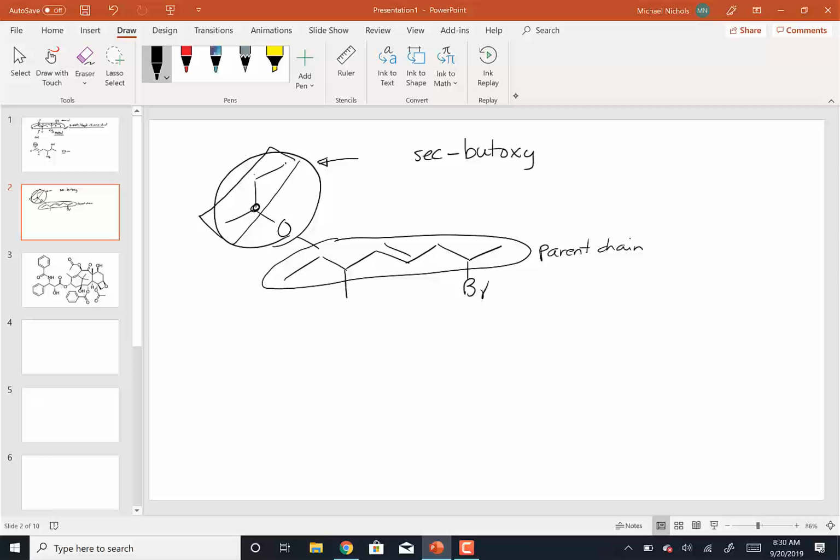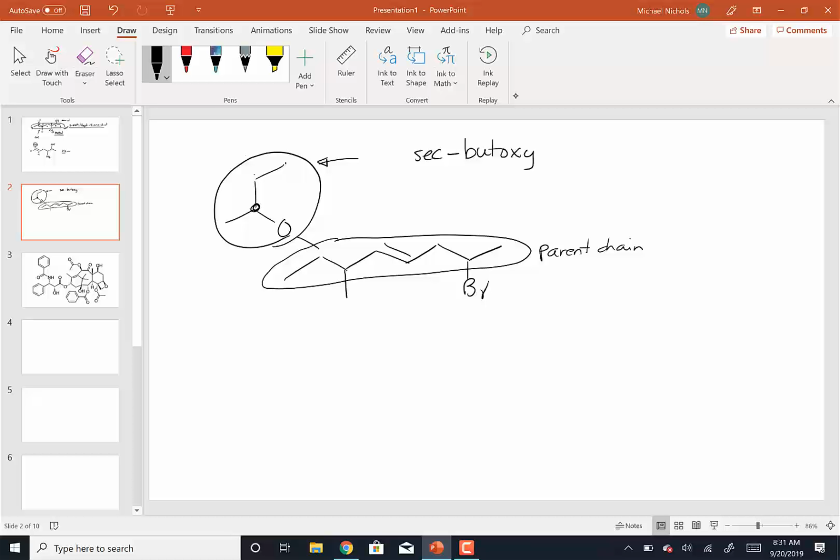Secondary. So that's a sec-butyl group, which makes this substituent, and I'll get rid of the box now, that entire group a sec-butoxy group. And now it's just another group.